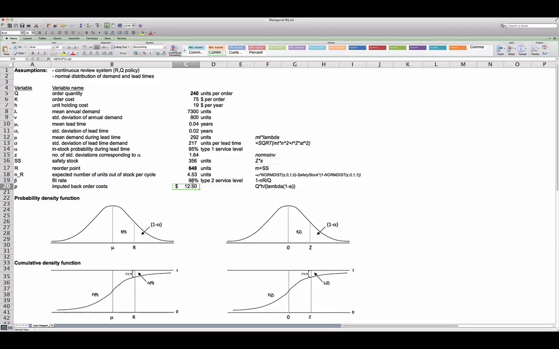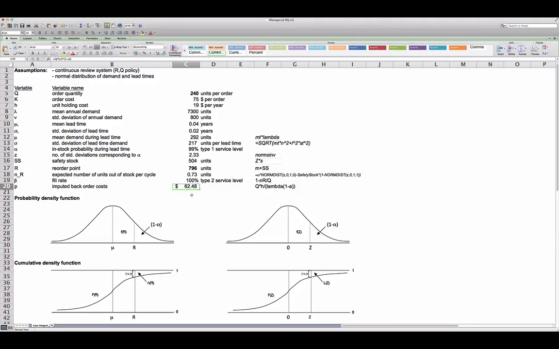Now, if of course I increase the value of alpha, we know what will happen to the imputed backorder cost. It will increase as well. So let me change alpha to 99%, for example, and now you see, of course, I won't stock out much at all because I have so much safety stock. And now the imputed backorder cost is much, much greater. It is almost $62.50.